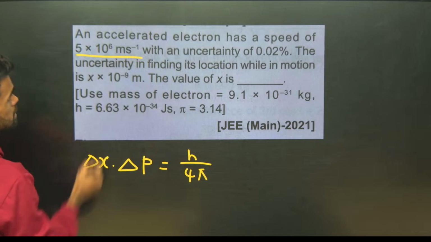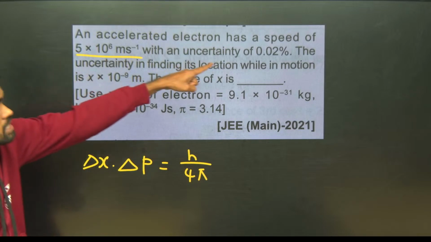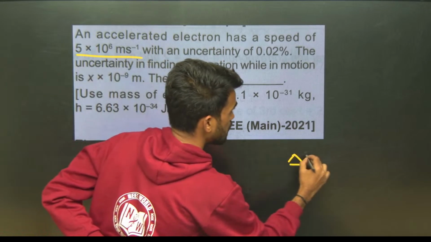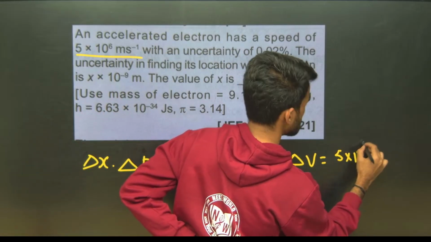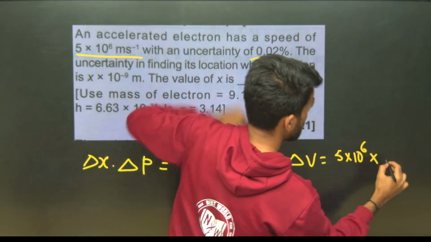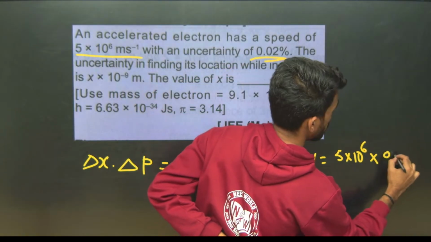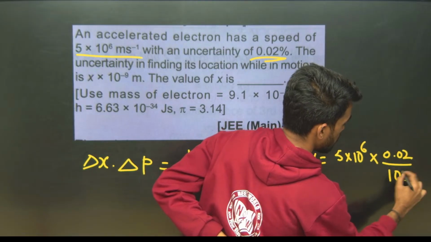Velocity is given this much, with uncertainty this much. So it means delta v should be taken as 5 into 10 power 6, and what is the error here? Uncertainty, it means 0.02 by 100.